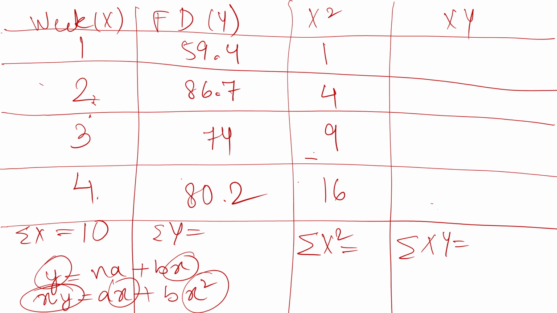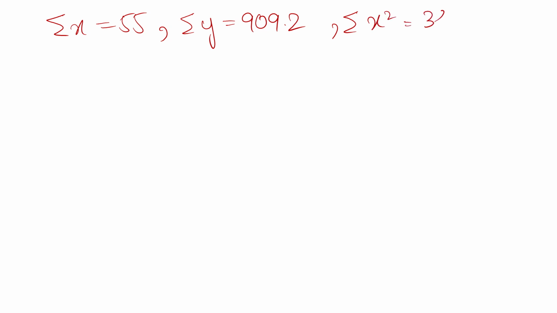Then when we find the values, let's suppose we assume some values. Let's assume that Σx is 55, Σy is 909.2, Σx² is equal to 385, and Σxy is equal to 5582.5.